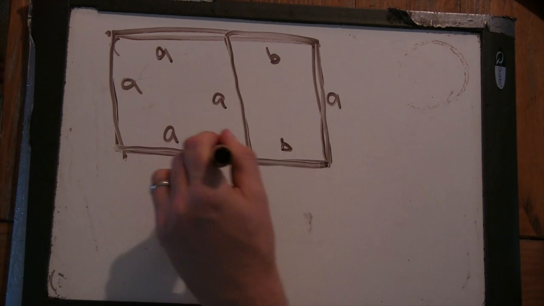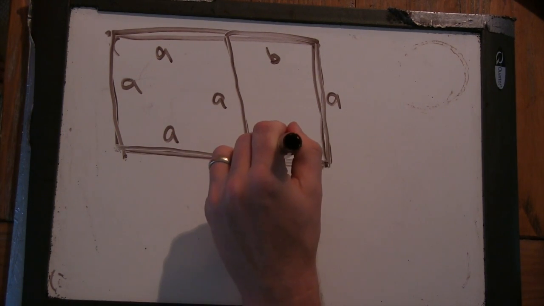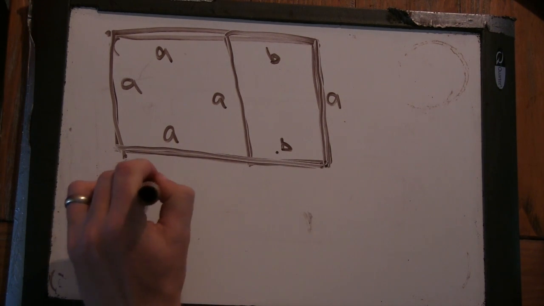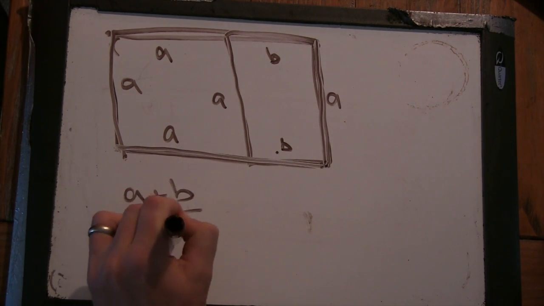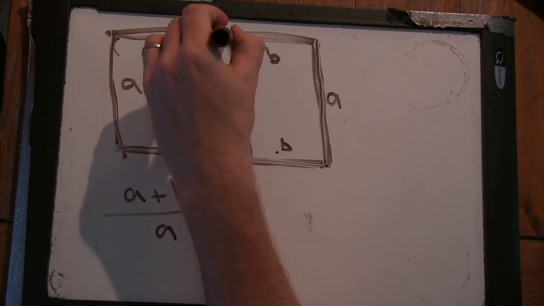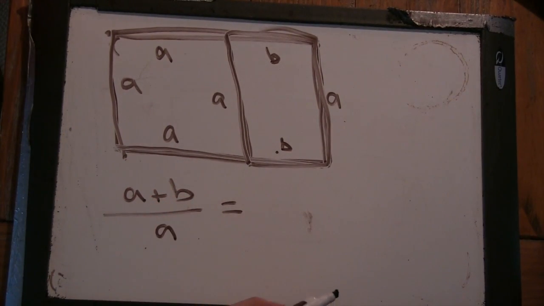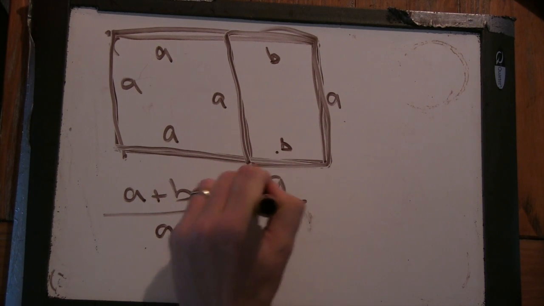So the long side of this rectangle is A plus B, and the short side is A. So (A plus B) over A equals, what's on the smaller rectangle, what's the long side length? Can you tell me? It's A. And what's the short side length?